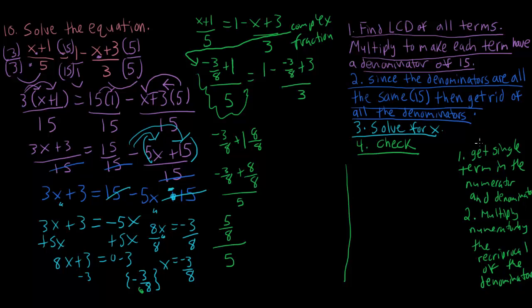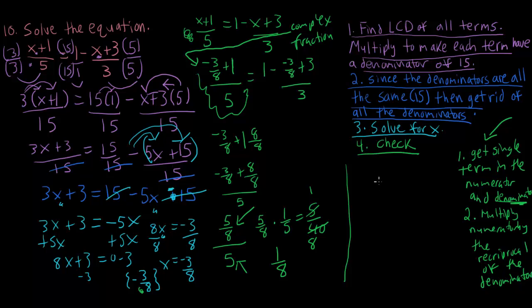And just like we said in this step, now we have a single term in the numerator right here, 5/8, and a single term in the denominator, which is just 5. So we have 5/8 times the reciprocal of 5, which is 1 over 5, which equals 5 over 40. And if you reduce that, 5 goes into itself once, 5 goes into 40 eight times. So you end up with 1/8. So 1/8 is our answer on the left side of the equation.